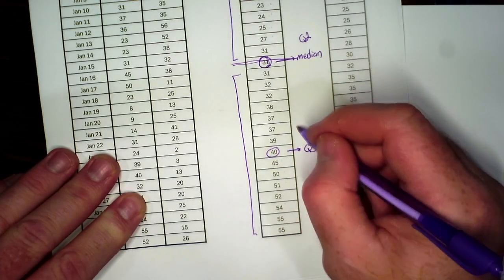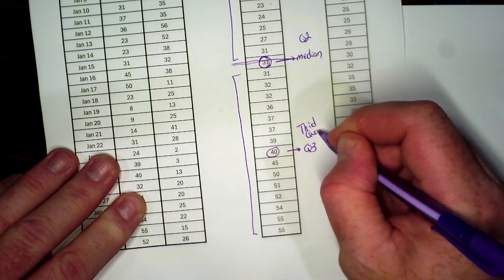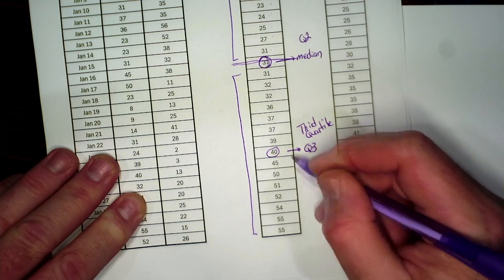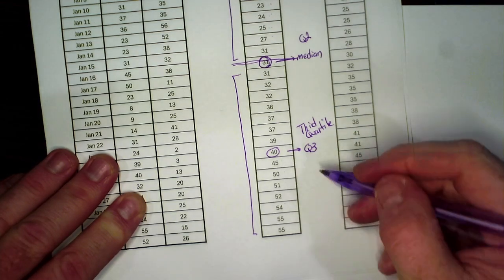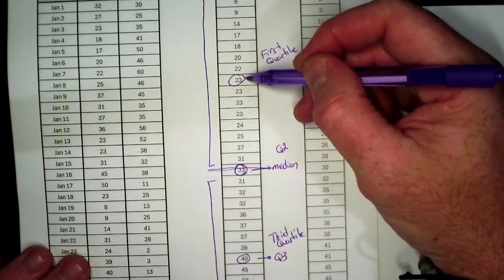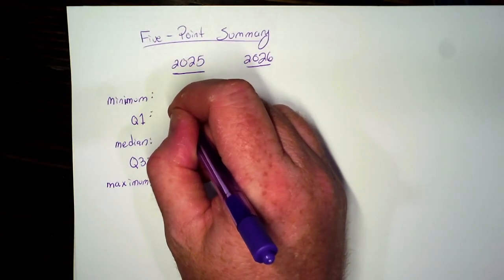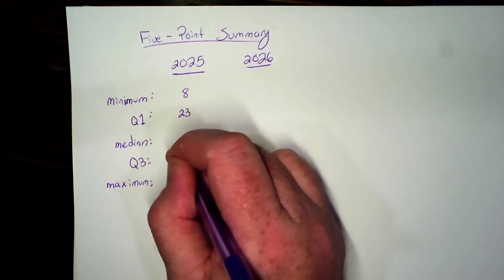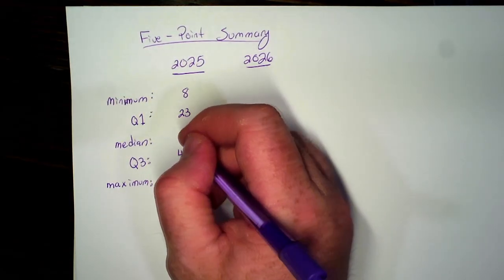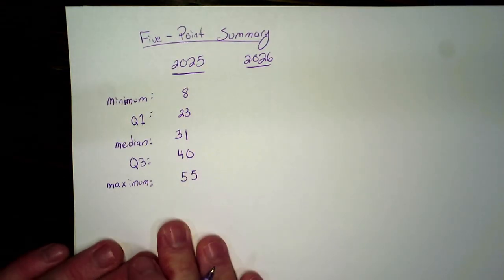That distinguishes where the third quarter of data ends and where the last quarter begins. And then we reach our maximum value down here. So our Q1 was 23, our Q3 was 40. I'll go ahead and add those to our list. And then we also had our median, which was 31, that I forgot to write on there before. All right, now we have our 5-point summary complete.